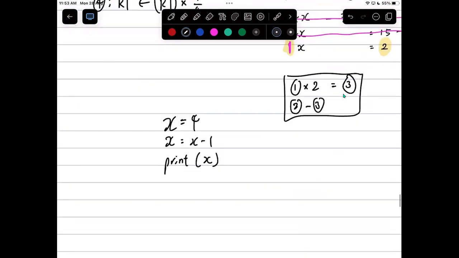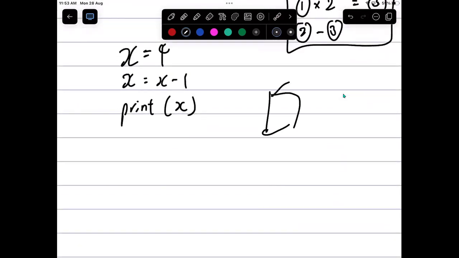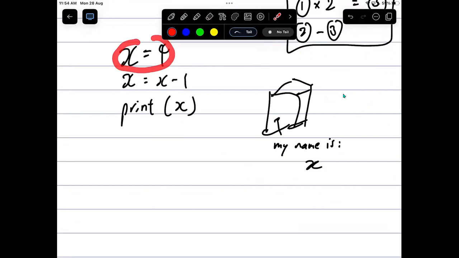What they're telling you is, we're going to create a box. This box has a name. Hi, my name is X. And inside the X, on the first line, this is line 1, line 2, then line 3. Line 1 says x equals 4. It's not equal, it's assignment. It's just like the arrow I was writing just now. I'm assigning X with 4.